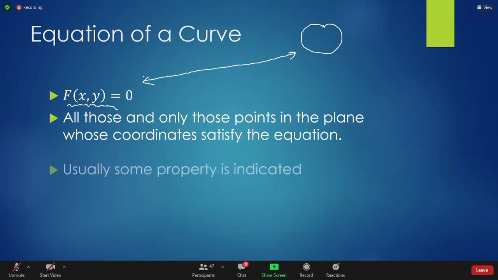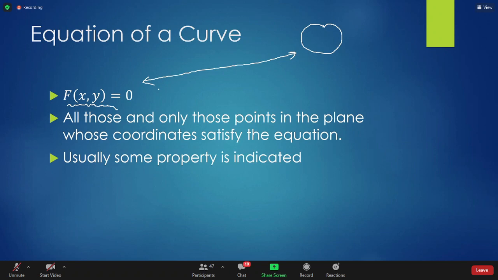Usually, when we describe it geometrically, some property is indicated. For example, all those and only those points that are at a distance of 3 units from a given point, for instance, that would be a circle, of course, or all those and only those points that are equidistant from 2 given points. Equidistant means at equal distances. So we can describe this property verbally or geometrically, and then we have a problem of how to express this using an equation.